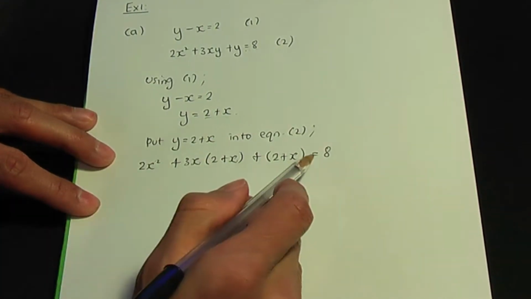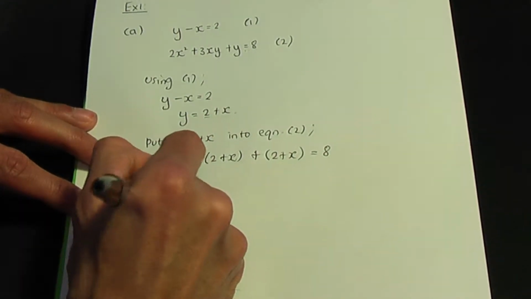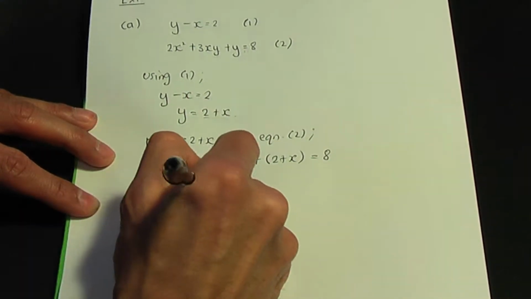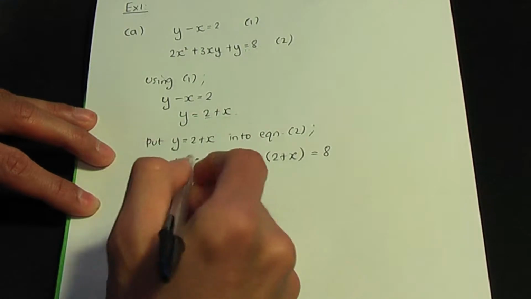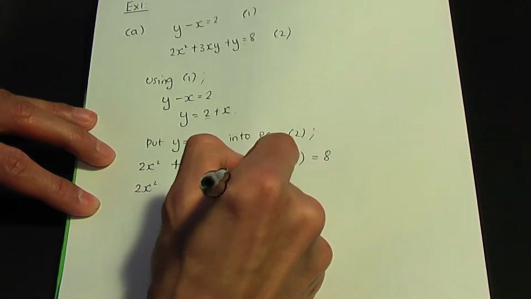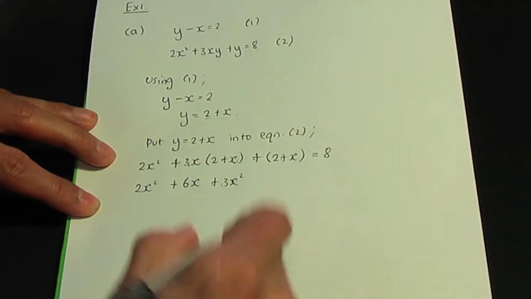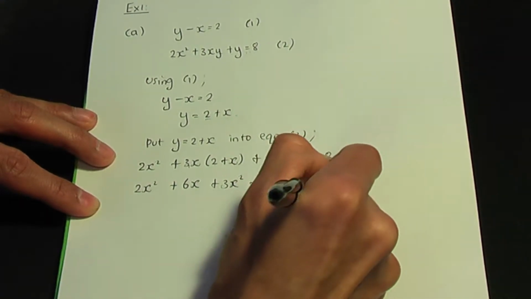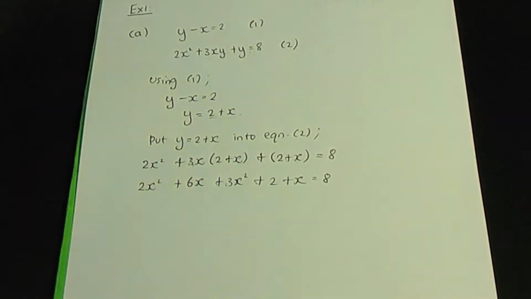So if I expand the brackets, I'm going to have 2x squared plus 3x times 2 is 6x, 3x times x is 3x squared, plus the 2 plus the x, and that is equal to 8.